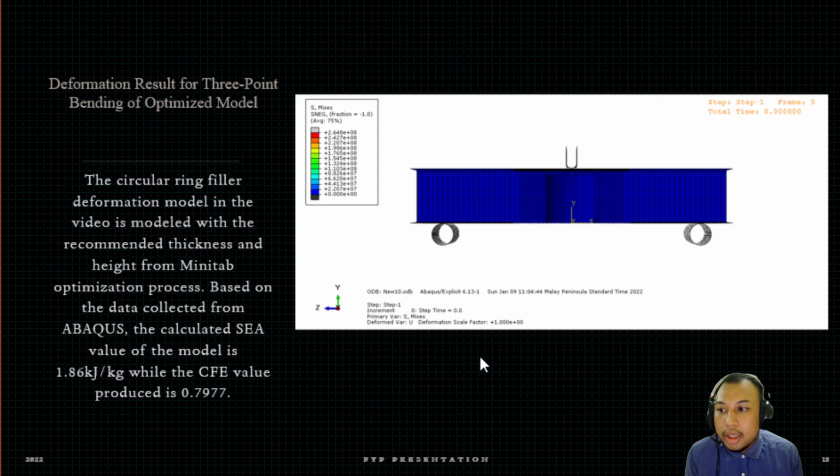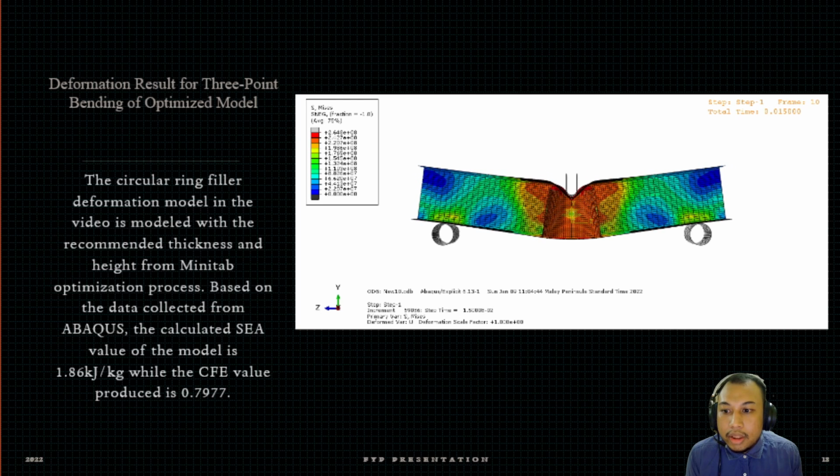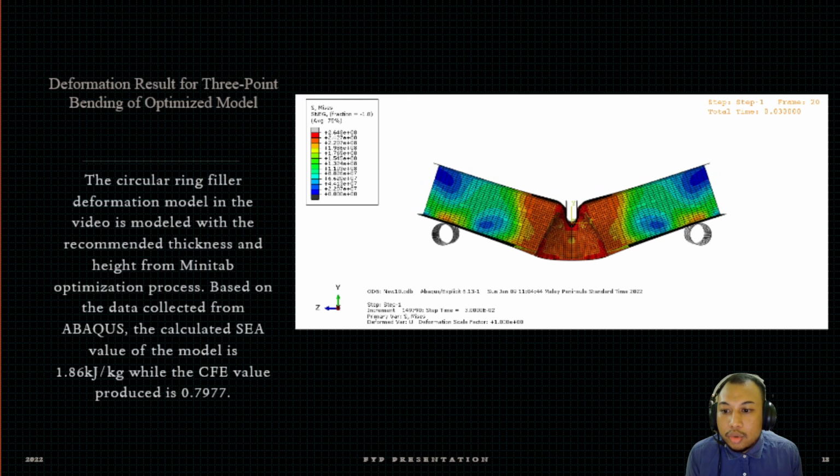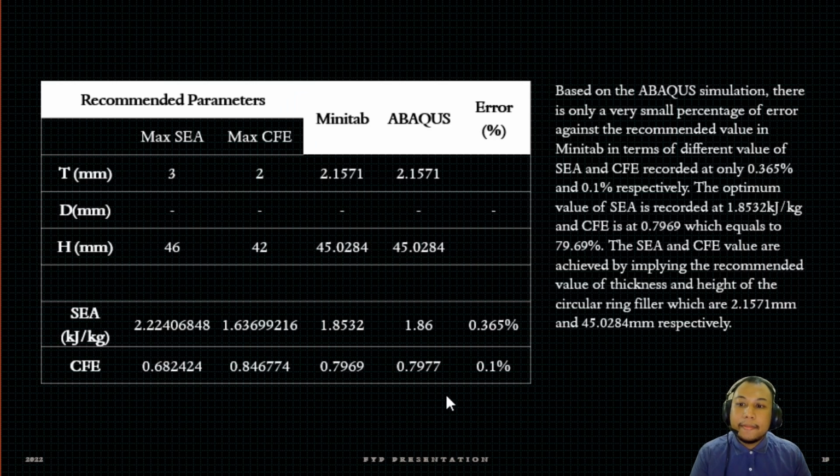This is the deformation of the optimized model using the parameters recommended by Minitab earlier. Here we can see the deformation of this square tube. The calculated SEA value of the model is 1.86 kilojoule per kilogram, while the CFE value is 0.7977, which is 79.77%.